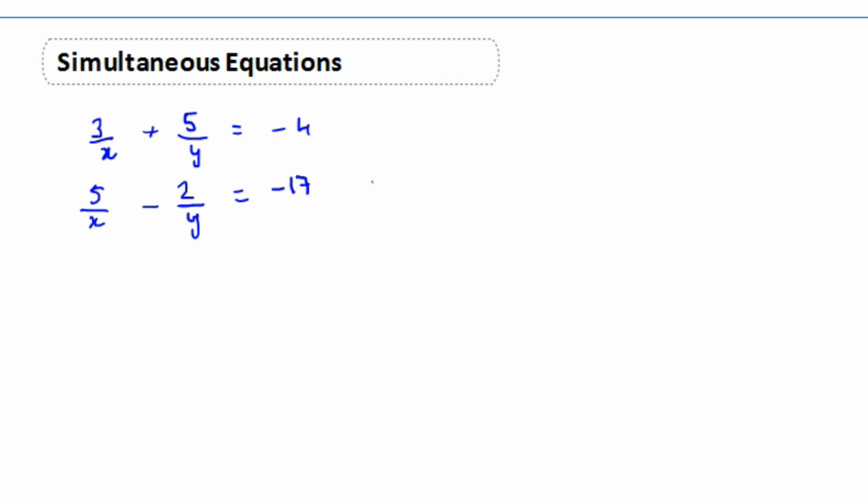Now these equations do look like a system of equations, but the variables x and y are both in the denominators, so when we try to solve them, we can take the LCM of x and y, which happens to be xy, and then this becomes 3 times y plus 5 times x, that should be negative 4. We multiply both sides by xy, so this gets cancelled and xy comes here.